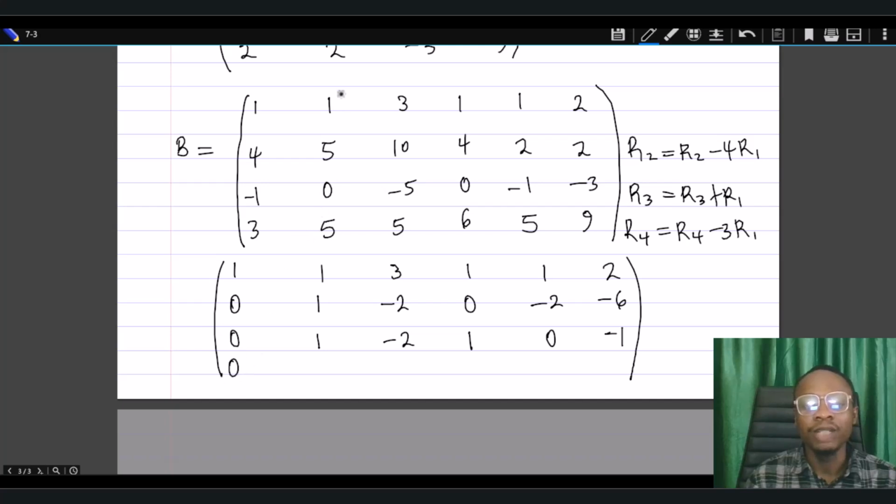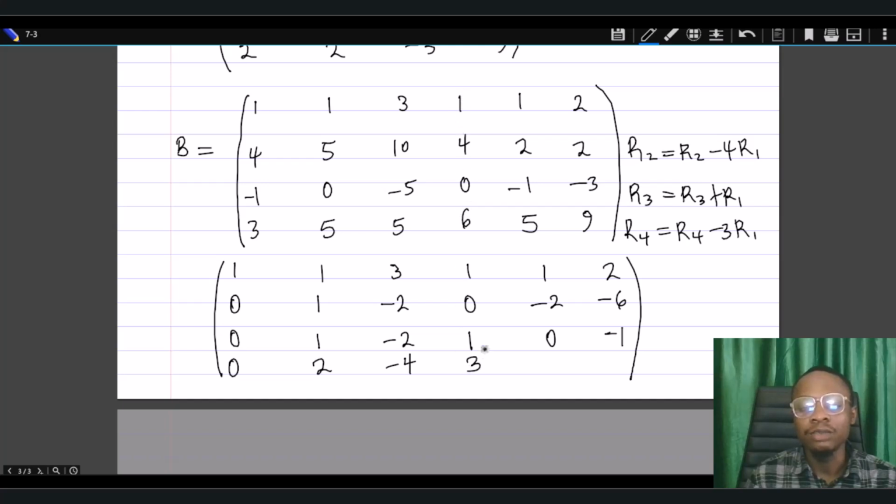Then on the fourth row, we have 3 minus 3, that is 0. Then 5 minus 3, that is 2. We have 5 minus 3 multiplying 3, that is 5 minus 9, sorry, that is minus 4. What else do we have? 6 minus 3 multiplying 1, that is 6 minus 3, that is 3.